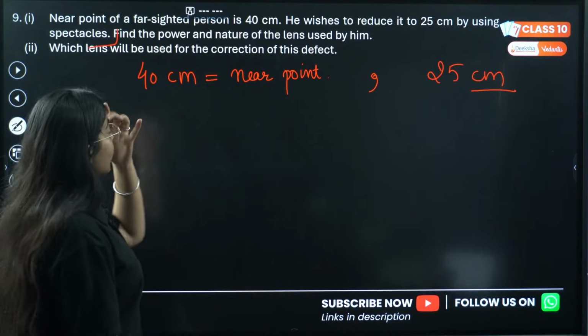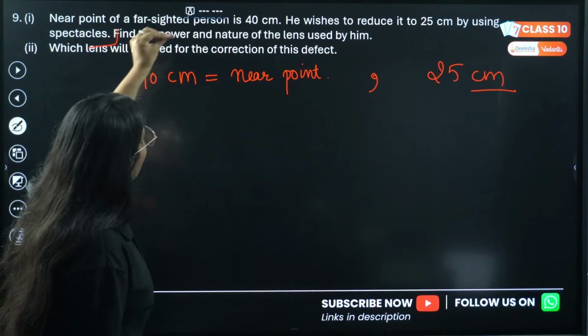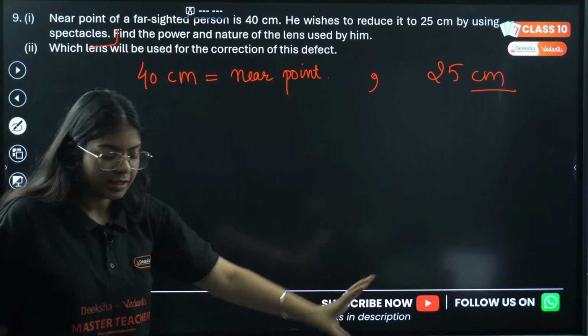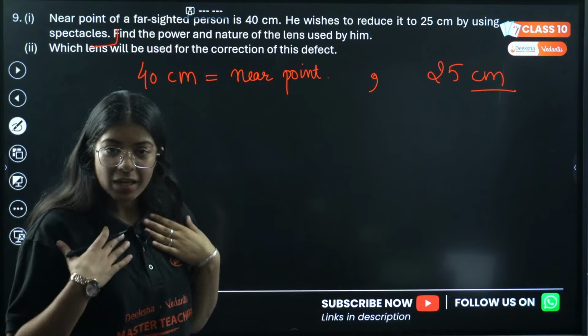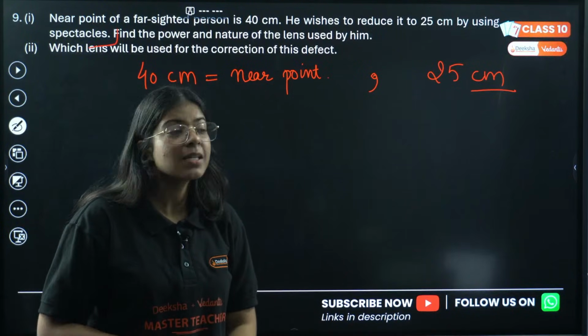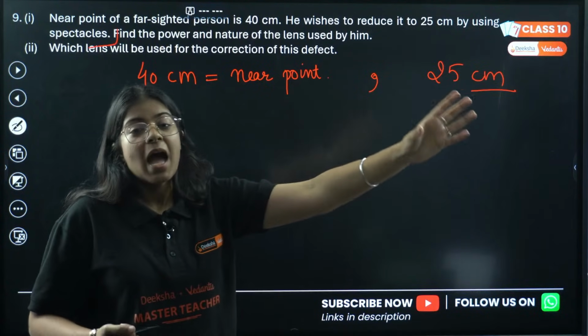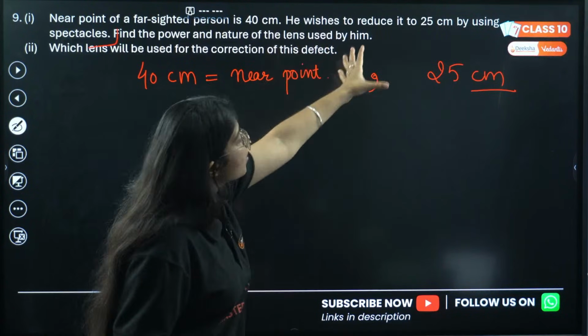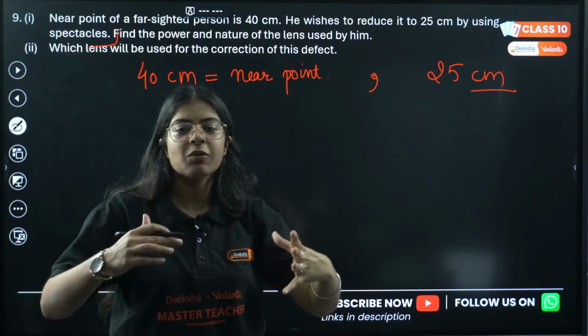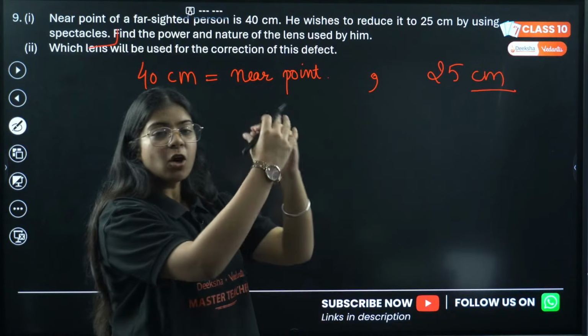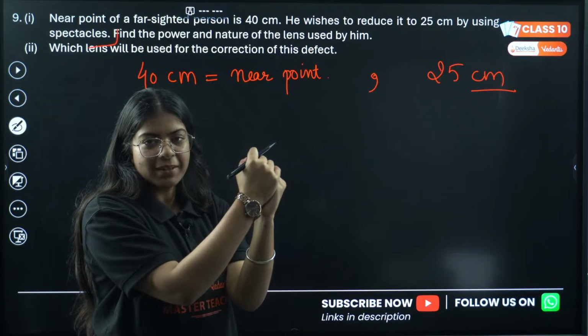What they are saying is that the near point of a far-sighted person is 40 centimeter. So, if my near point is 40 centimeter, that means I can only see objects at 40 centimeter. But I want to reduce it to 25 centimeter. So what I want basically is that my object is at 25 centimeter.